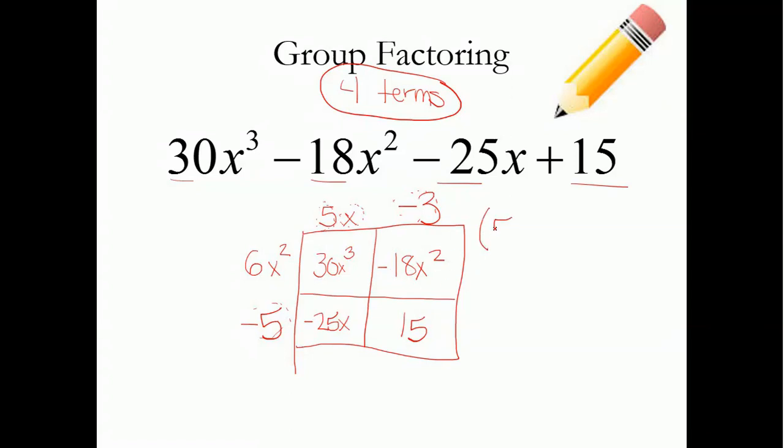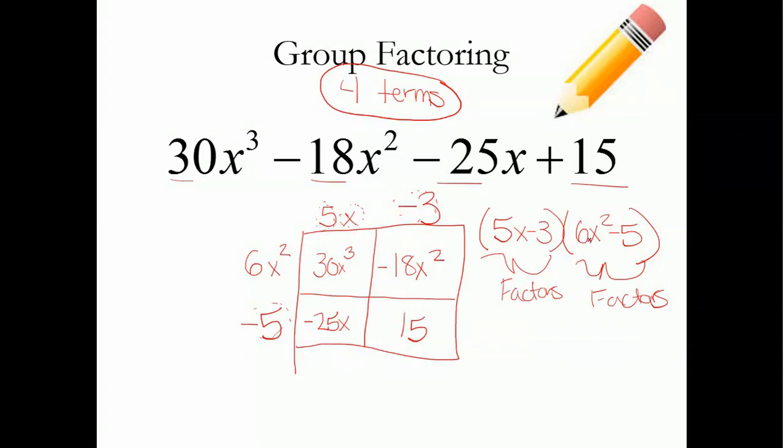So now I can write my 2 pieces that came out of my box. There we go. So each of these pieces here are known as my factors. These are the factors of this particular problem. So if I multiply this back out, I should and will get the problem we started with.